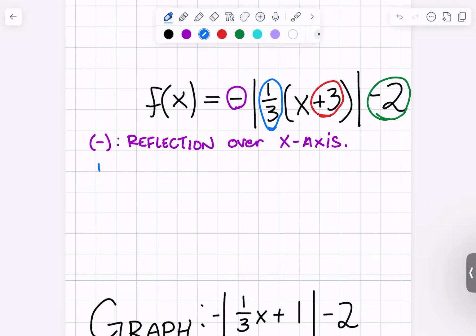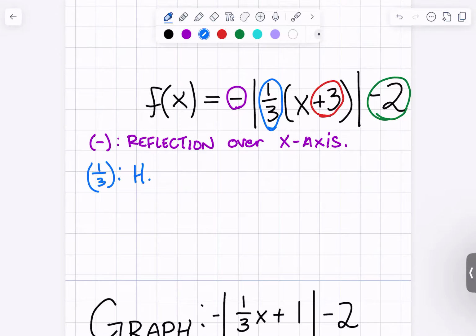The 1/3. Let's use our brain. It's a horizontal, I'm just going to put H. Since it's horizontal, we have to think opposite, or go against our gut. We're multiplying, so it's a stretch or compress by 1/3. Do we want our bank account to be multiplied by 1/3?